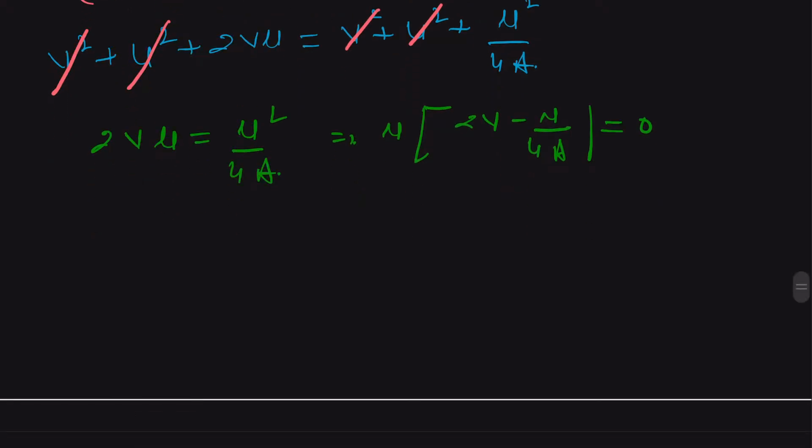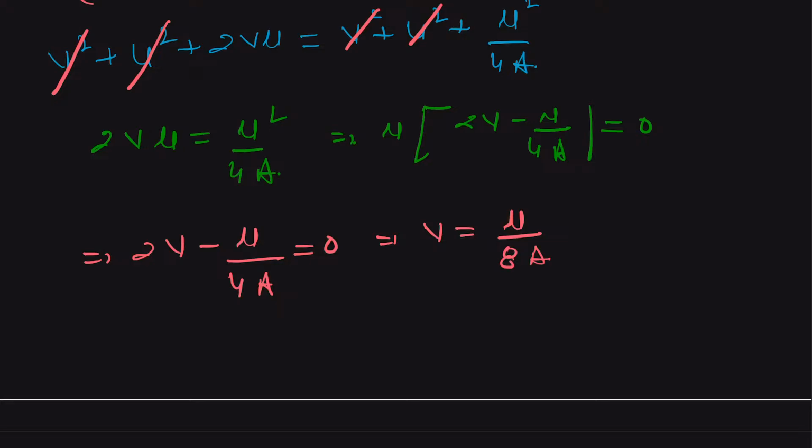From here obviously u cannot be equal to 0, therefore 2v minus u upon 4 times a is equal to 0, or from here we can say that v is equal to u upon 8 times a.